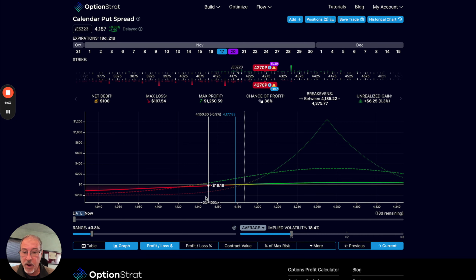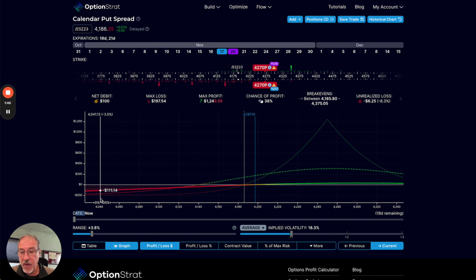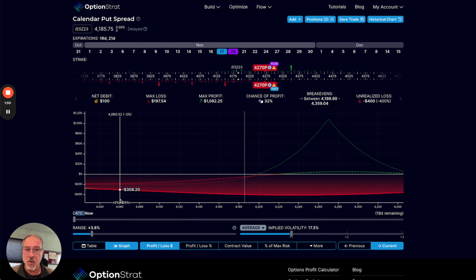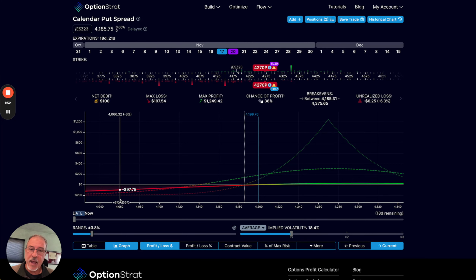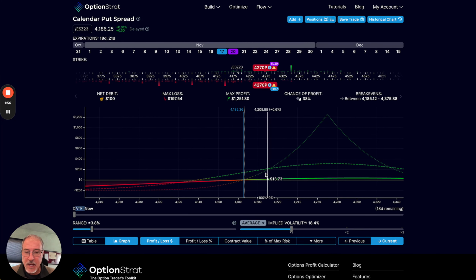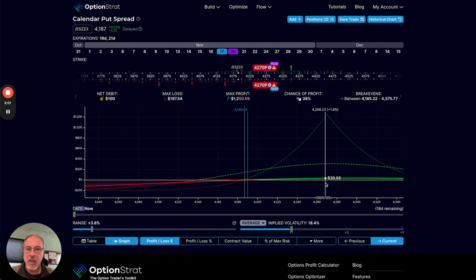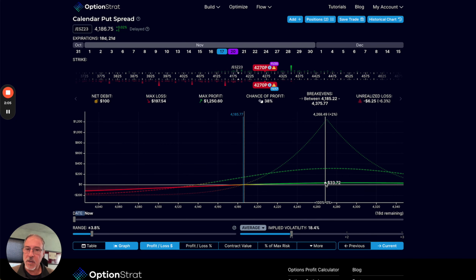If the market, however, continues down into this 4,000 range or 4050 range, not so good. So given that I envision this trade probably ending up more downside than upside, there's an adjustment that I can make to a calendar where I turn it into a diagonal trade.